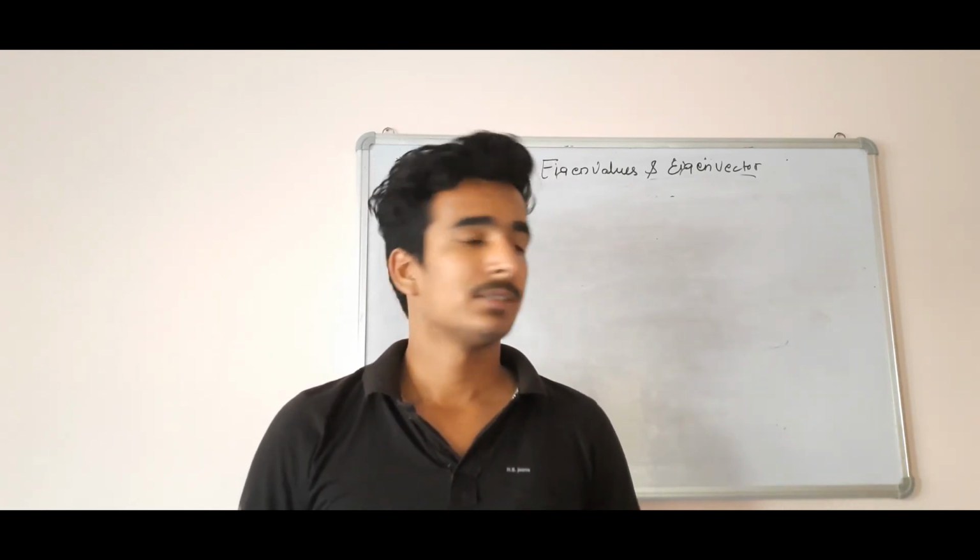So this is all about today's lecture. We just formulated how to find eigenvalues. In the next lecture we'll discuss some properties of eigenvalues, then get the concept of rank, and finally find the eigenvector corresponding to each eigenvalue. Here in this example, x is the eigenvector. So this is it for today.